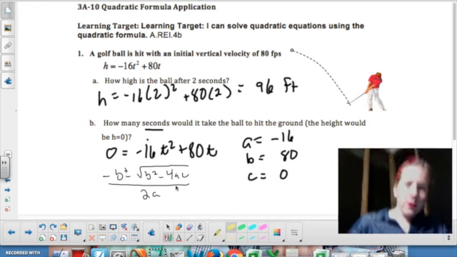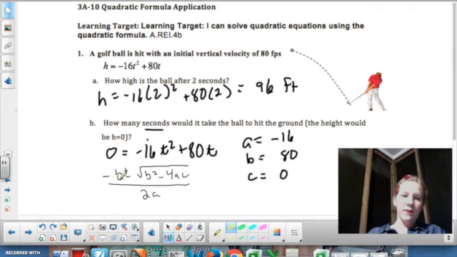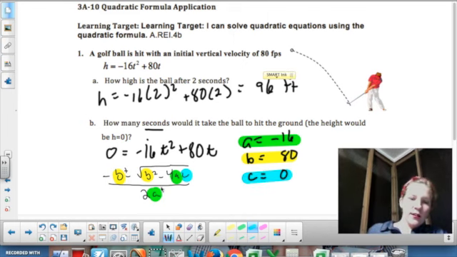I paused the video and wrote down our quadratic formula for us so we can go ahead and start plugging in. Now, b is right here, and so I'm going to plug in 80 for b in both places. A gets plugged in 2 places, and I'm going to plug in negative 16 for that. And then c just gets plugged in 1 place, and I've got a 0 for that.